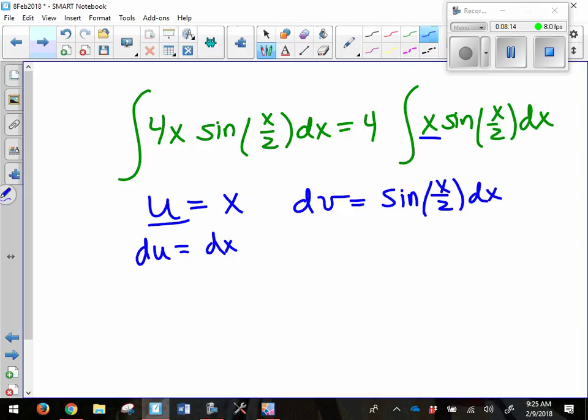To the second power. And how many times did I have to apply the product rule? Or I'm sorry, the integration by parts? 2. So whatever that leading power is going to be, that's the number of times you're going to have to apply integration by parts. Okay? Because every time the power goes down by 1.